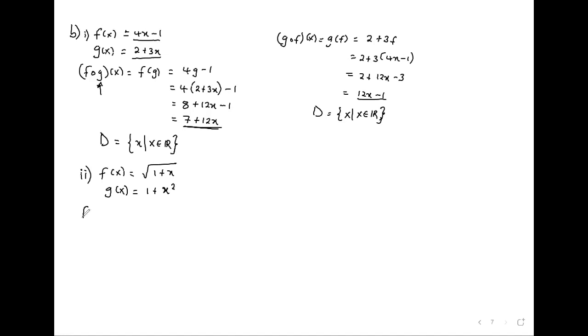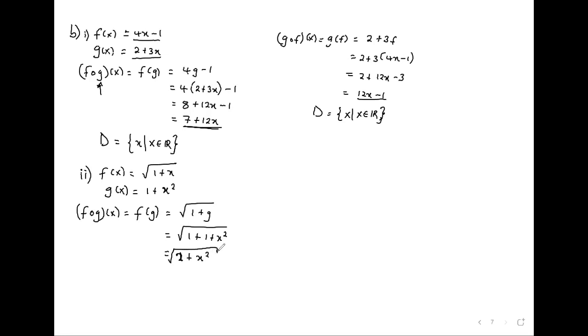We must first get f of g. So f of g of x is, in f, we take g. That is root of 1 plus g. But what is g? 1 plus x squared. So it becomes 1 plus, it becomes 2 plus x squared inside the root.